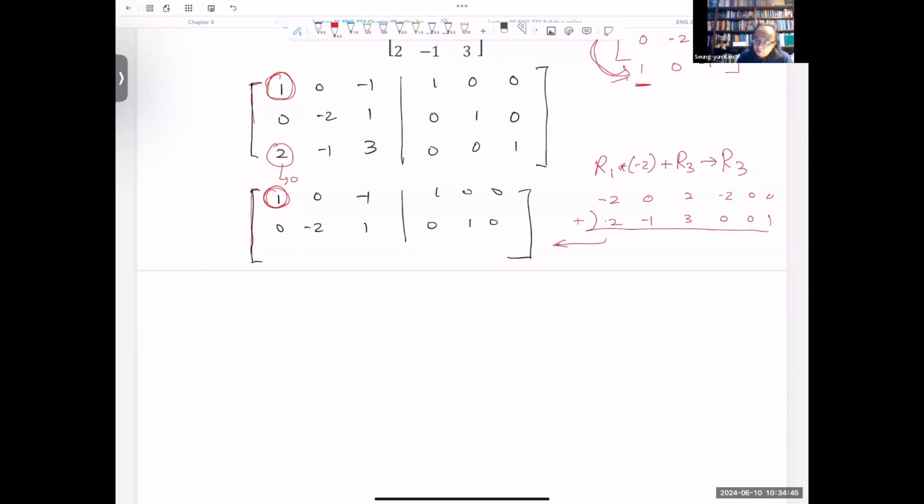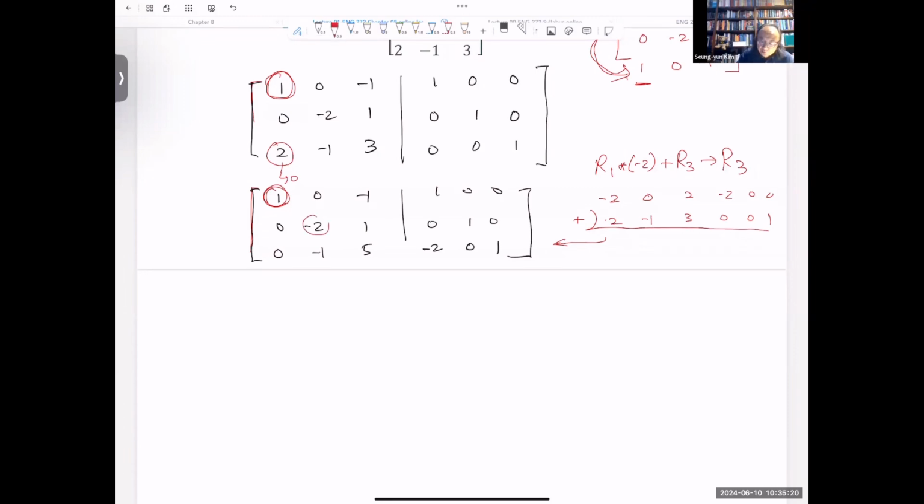Add, put it in here. That is 0, negative 1, 5, negative 2, 0, 1. We're done with the first column.